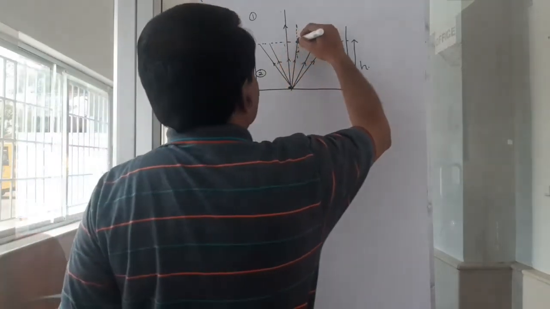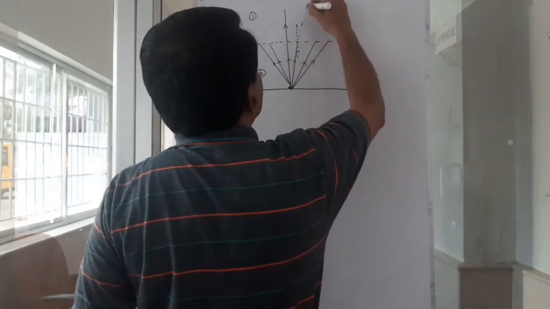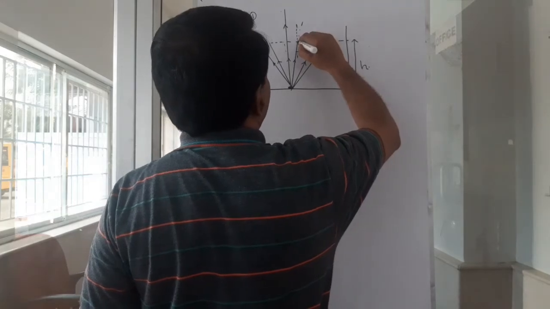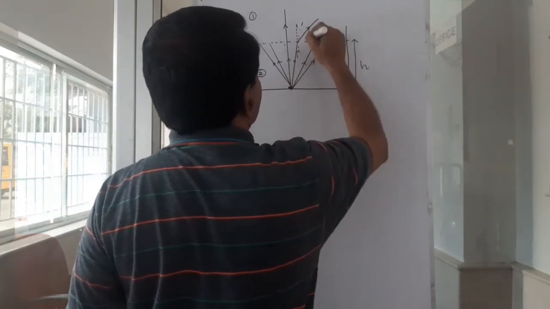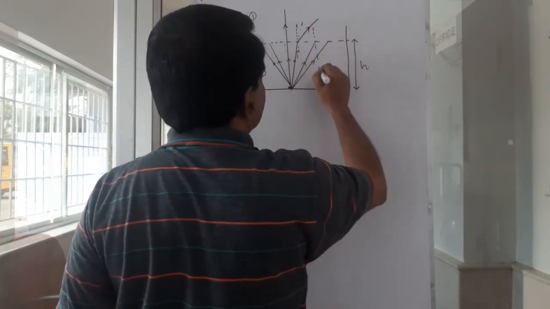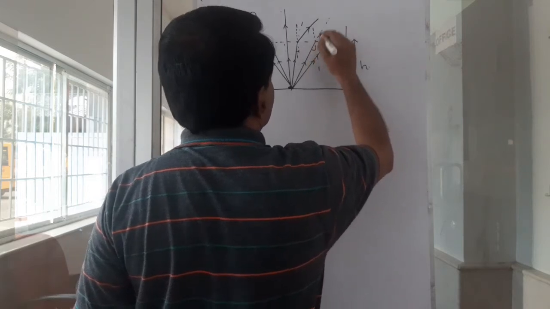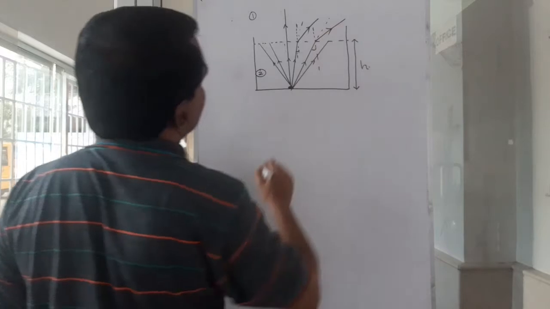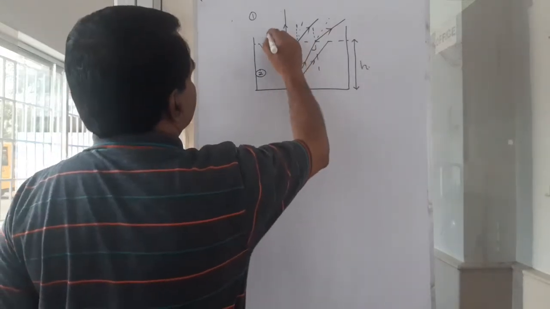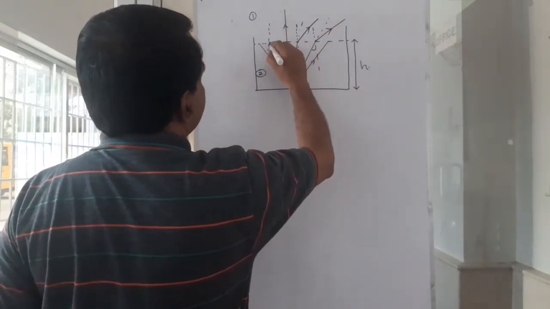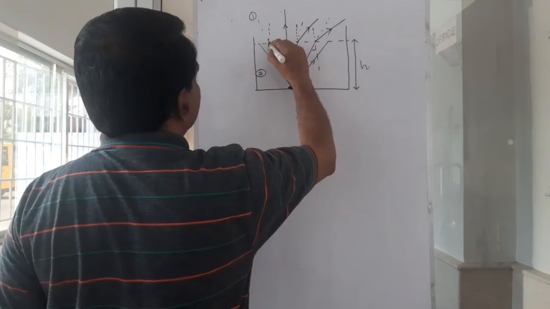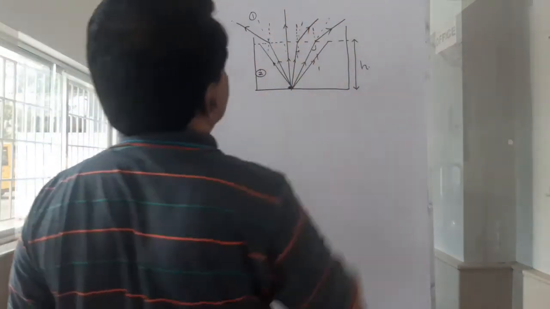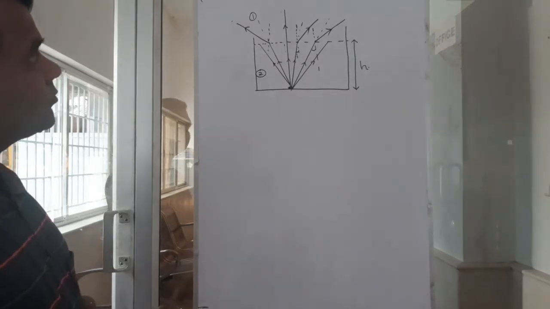Rather than continuing like this, it will go away from the normal. Likewise, this ray, rather than going like this, will go like that. This is how light is going to travel in all these different directions.